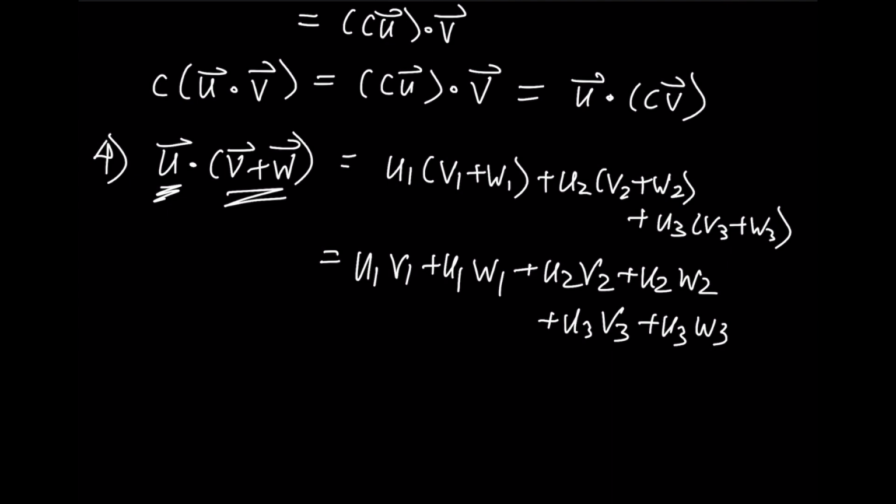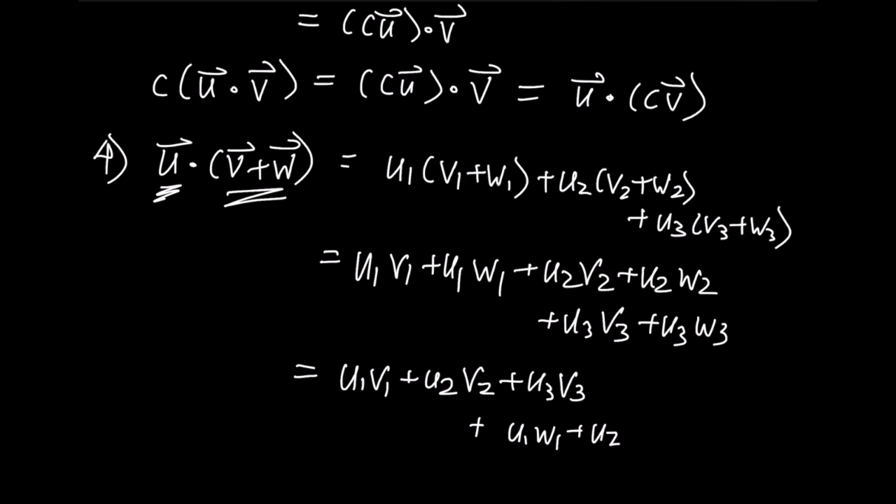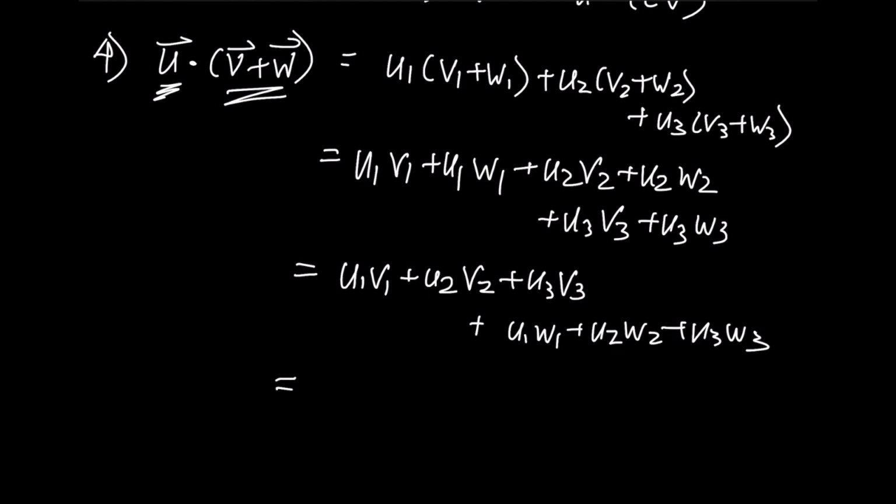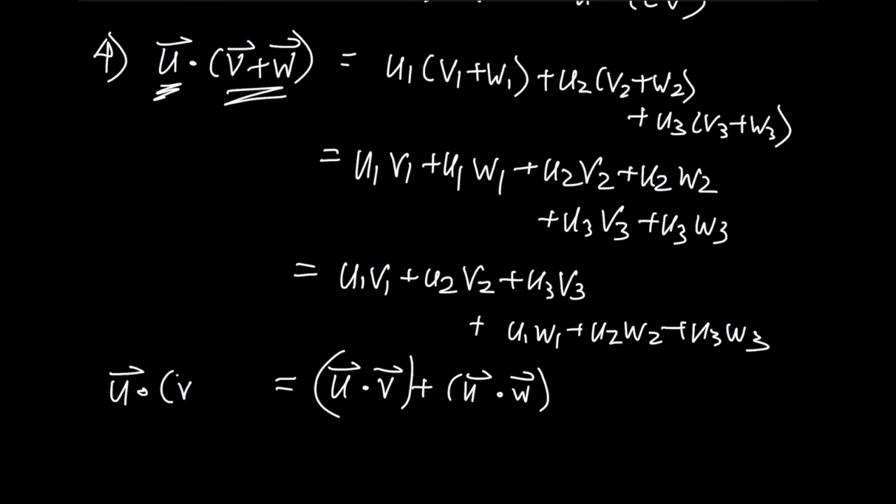I'm free to reorganize this as u1v1, u2v2, u3v3, plus u1w1, u2w2, u3w3. This is the same as u dotted with v plus u dotted with w. So we end up with a nice distributive property of dot products. This vector can be distributed.